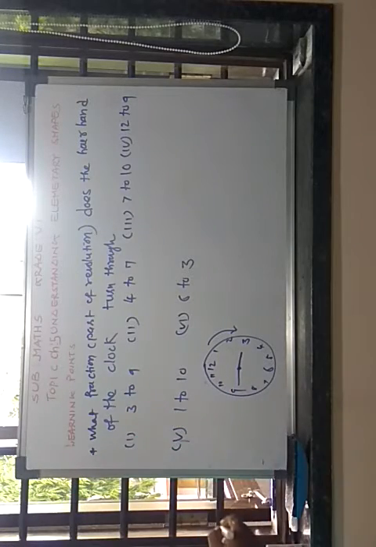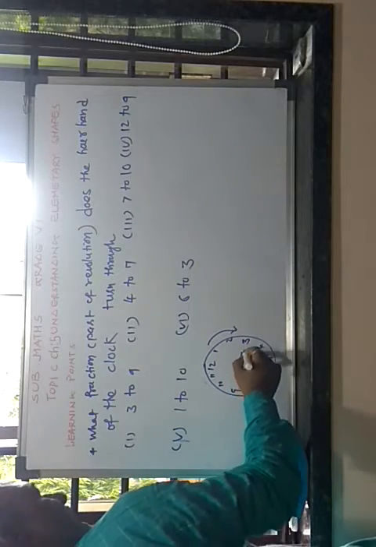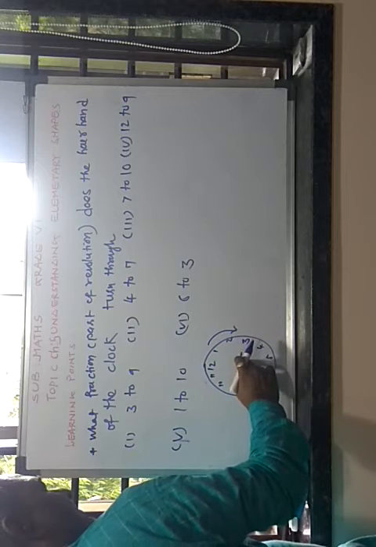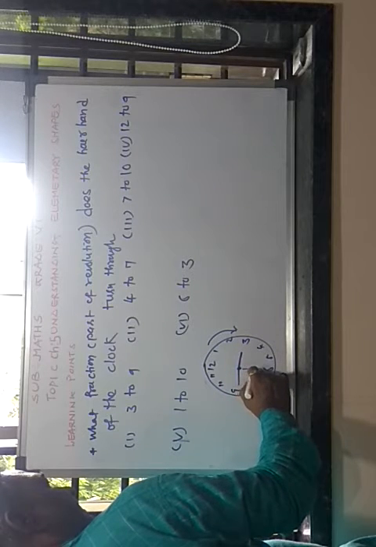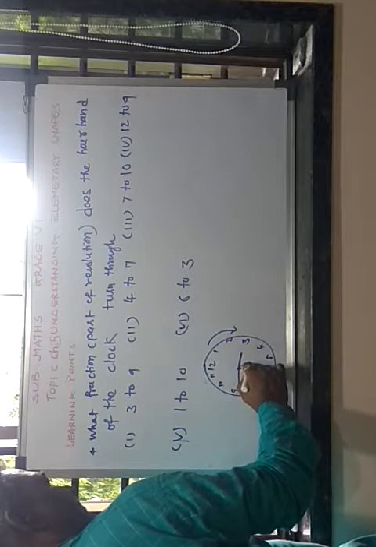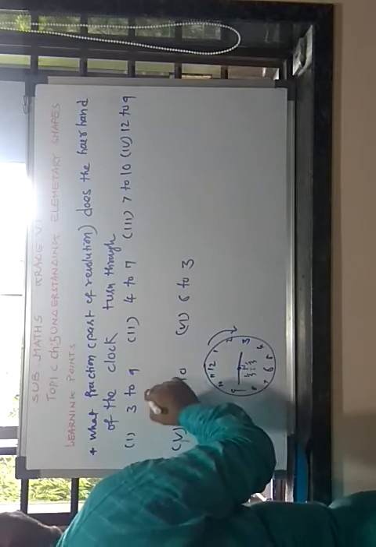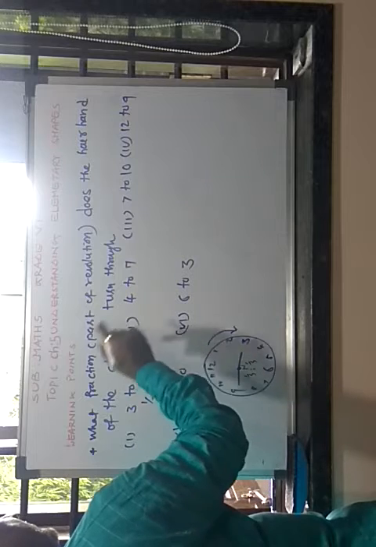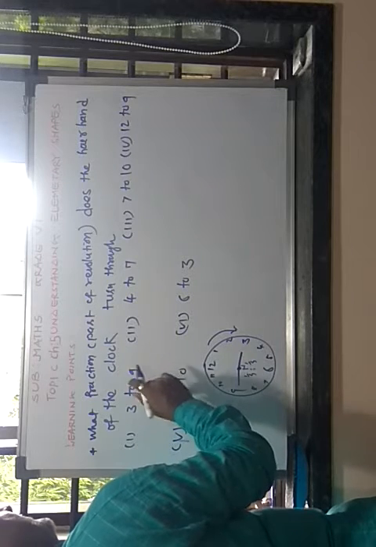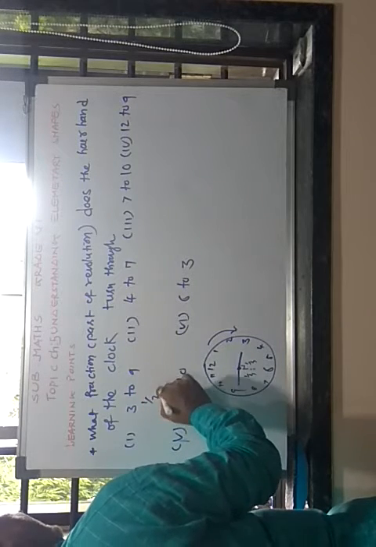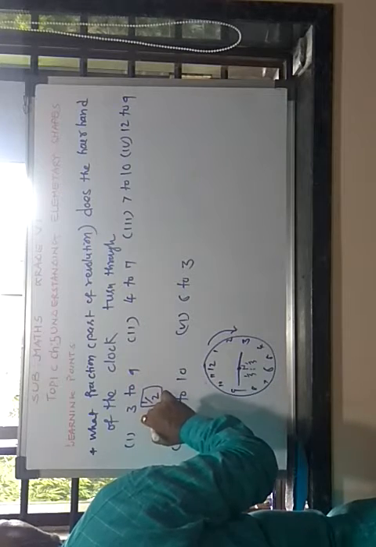So how many parts is this? This is 90 degrees, which means 1/4 part, and this is another 1/4 part. So you get a half revolution. Here you can write the answer is half.